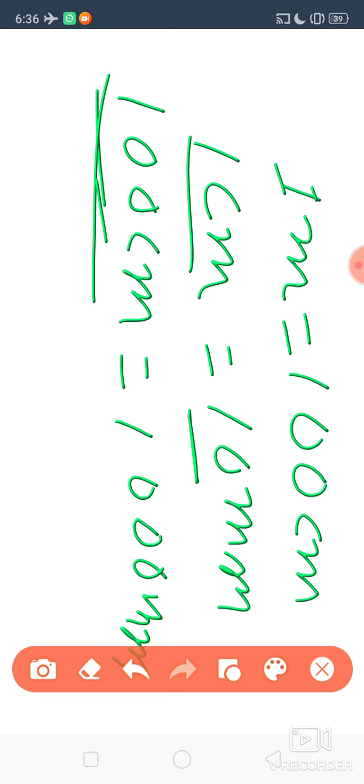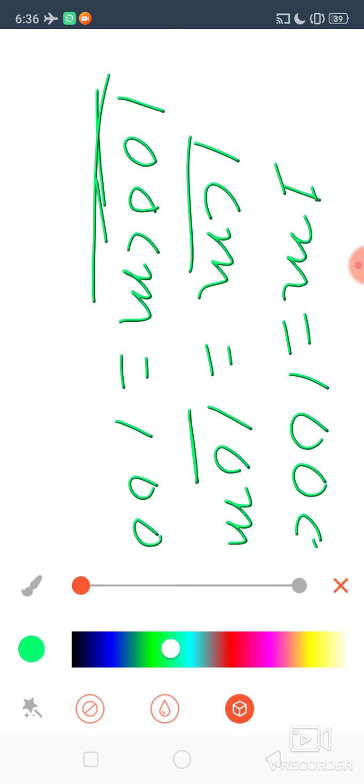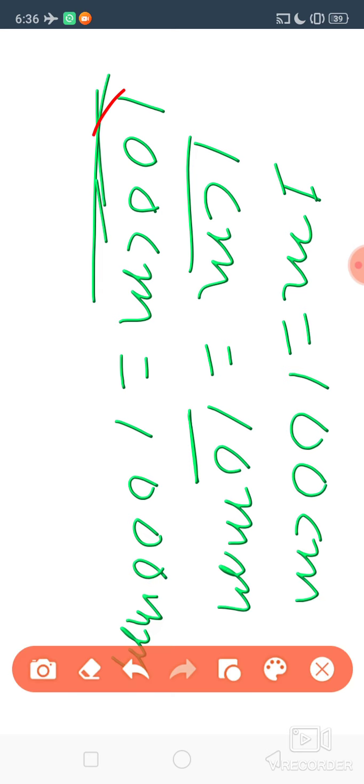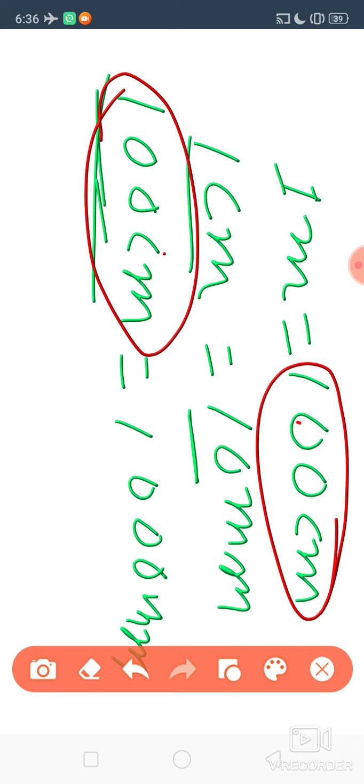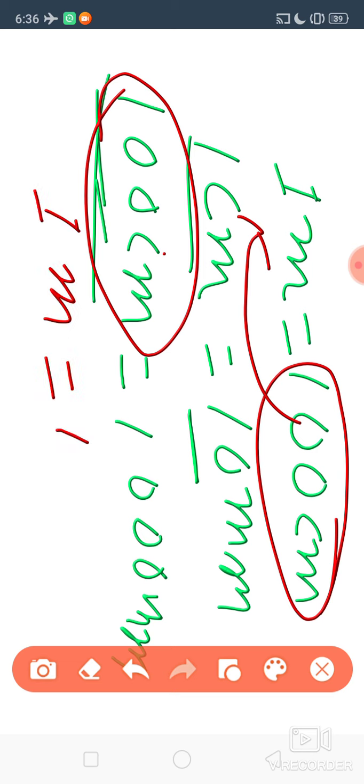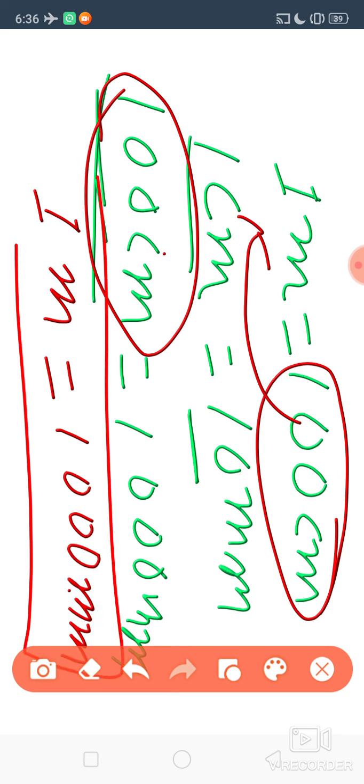Now this 100 centimeter is equal to 1 meter. So we can write 1 meter is equal to how much? 1000 millimeter, or not? So 1 meter is equal to 1000 millimeter.